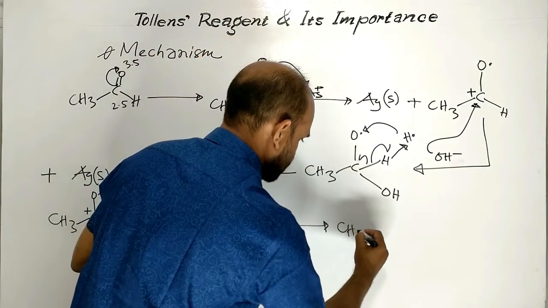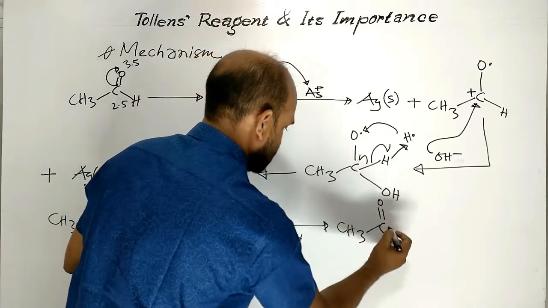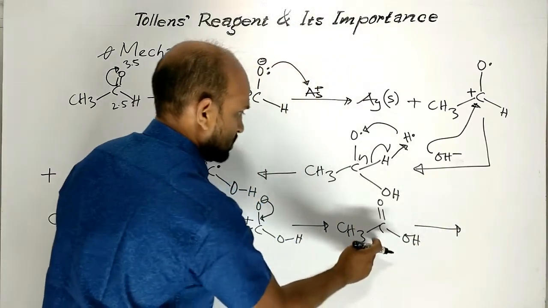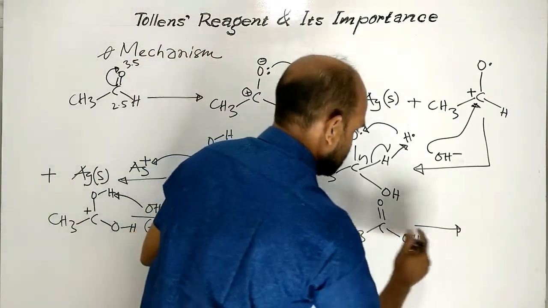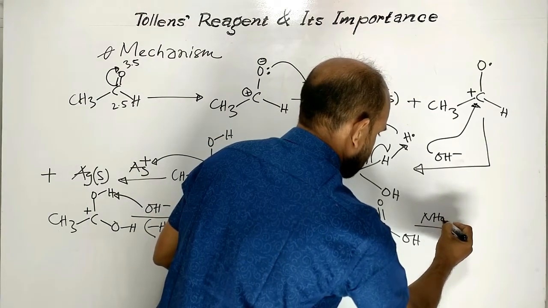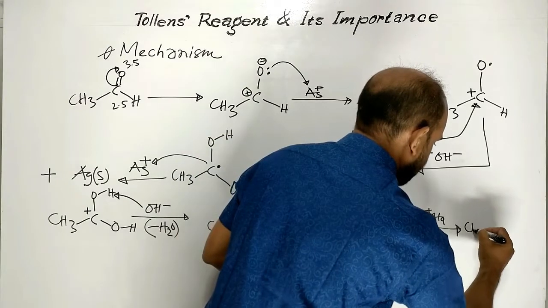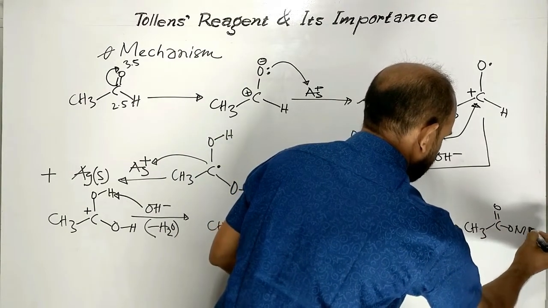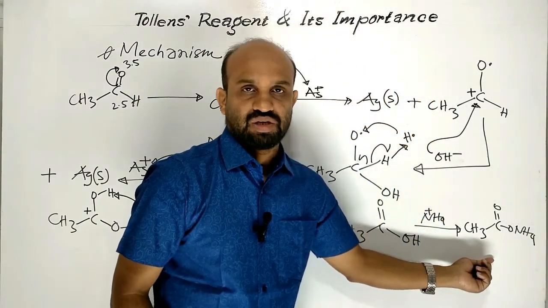Then this is found: double bond oxygen, here OH. That is, acetic acid is obtained, which in turn turns into the ammonium salt of acetic acid. This is the byproduct of the reaction.